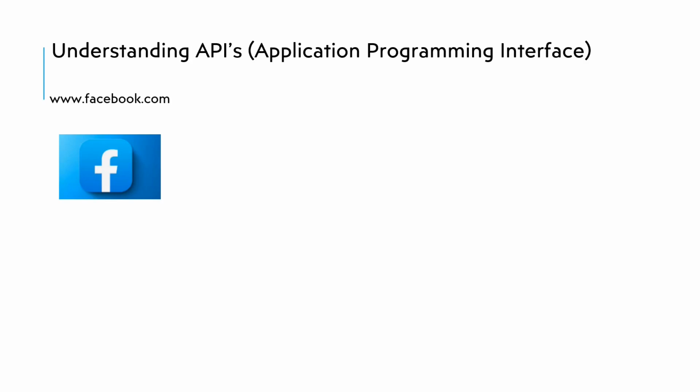Whatever data is coming from Facebook's database or servers, they render it using some fancy CSS and HTML, so in a human-readable format we can see it very beautifully, right? But actually, the backbone of the whole website is data, and that data is coming from APIs, and it is not as fancy as what we see on the website.